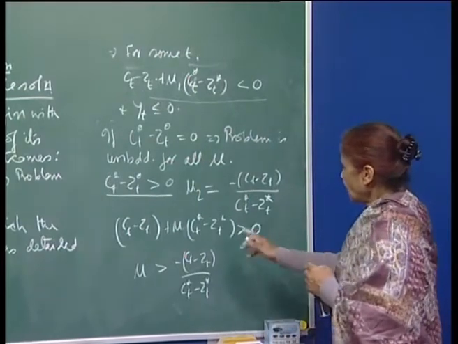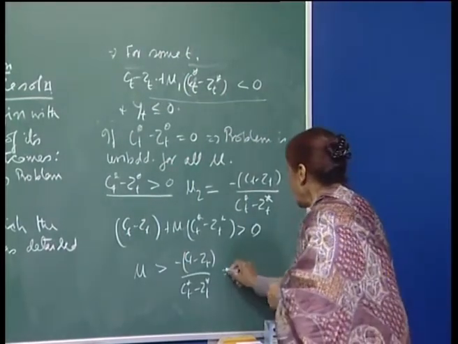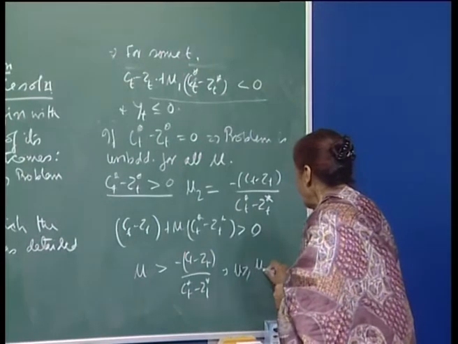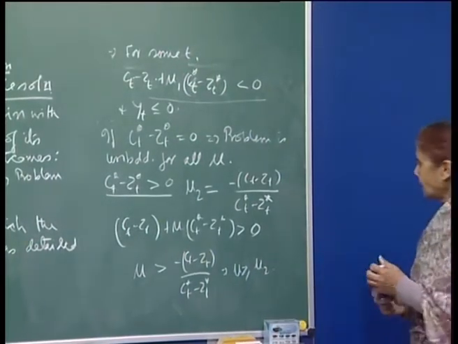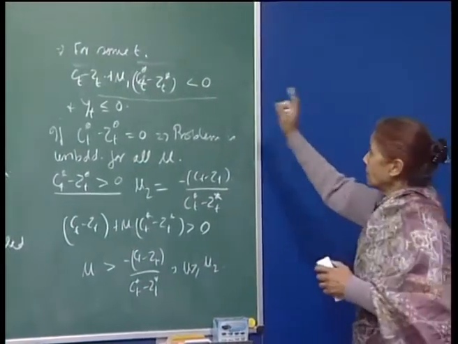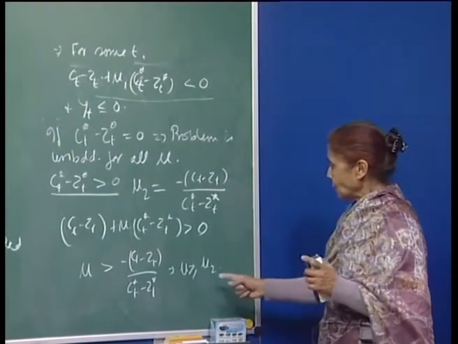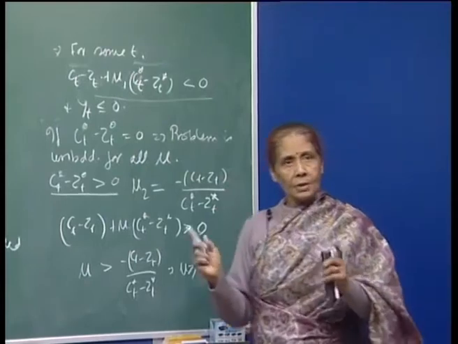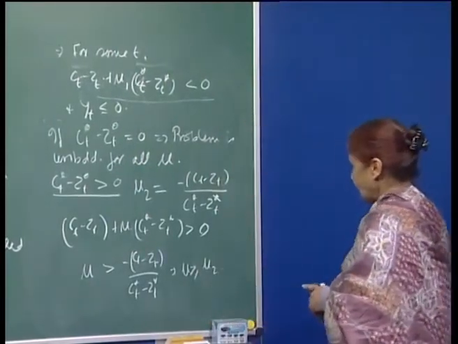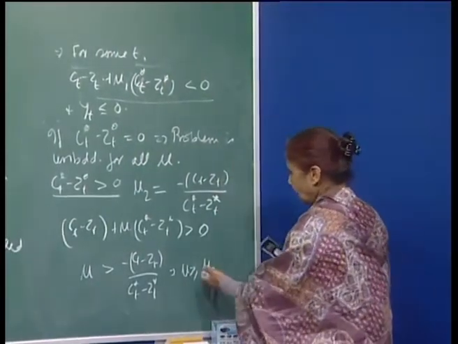So for mu greater than or equal to mu 2, the degeneracy criteria will not be satisfied. For mu less than mu 2, the degeneracy criteria will be satisfied. So that means I can then proceed.